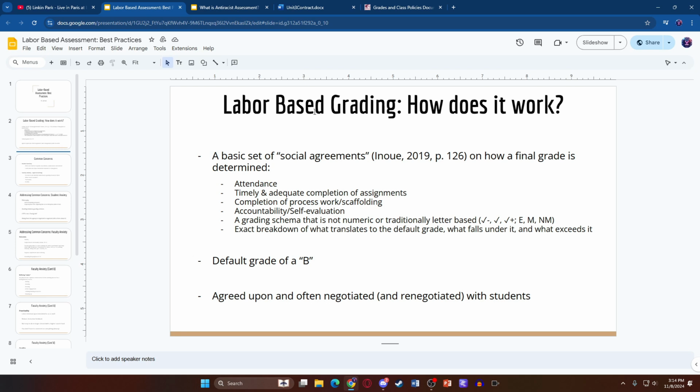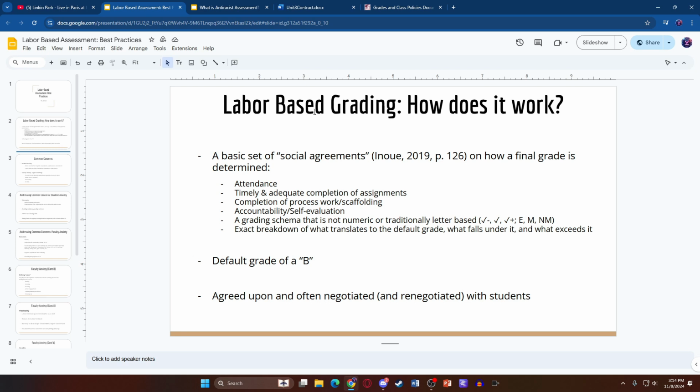So there were no letter grades, but there was a clear and exact breakdown of how accumulating a certain number of checks versus check pluses or check minuses would translate into a final grade. Because we are obligated in any traditional university system to assign a letter grade at the end of the term, this was our way of avoiding letter grades as much as we could until the very end, when they translated to a final grade.